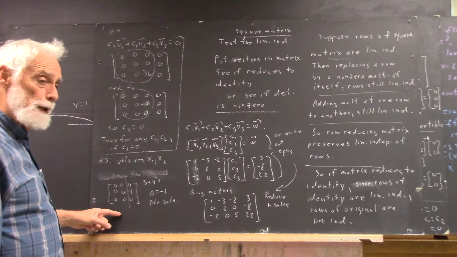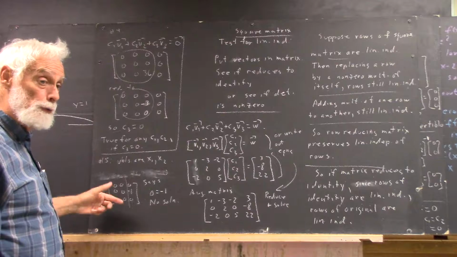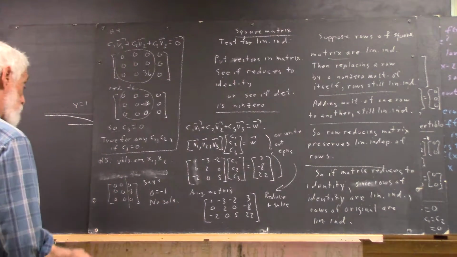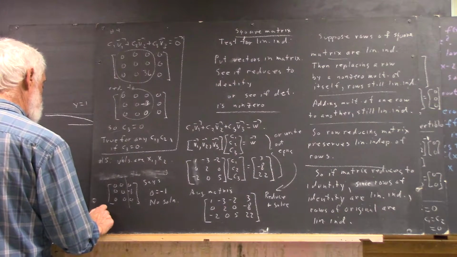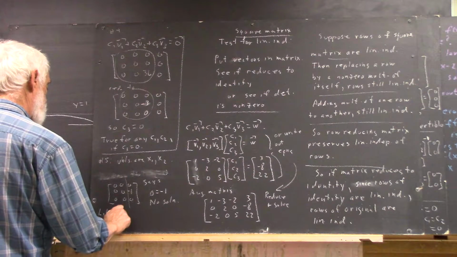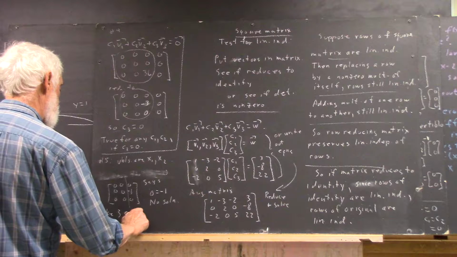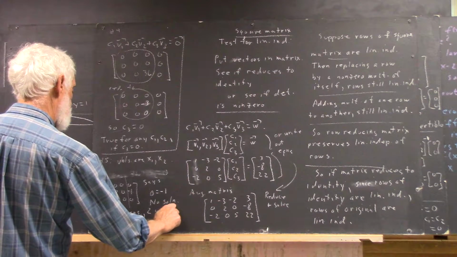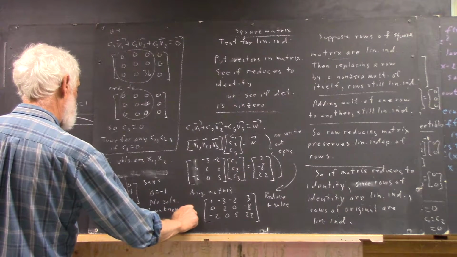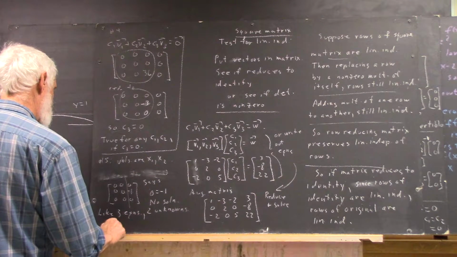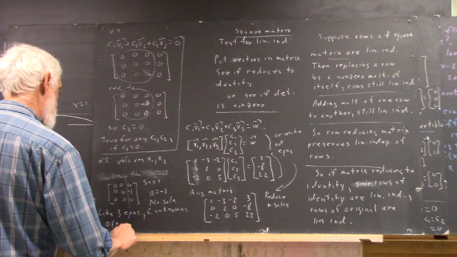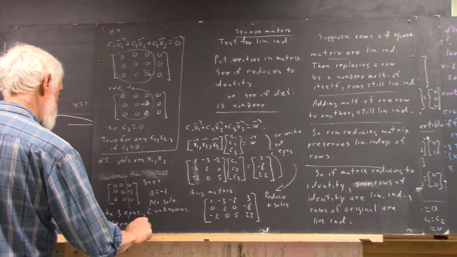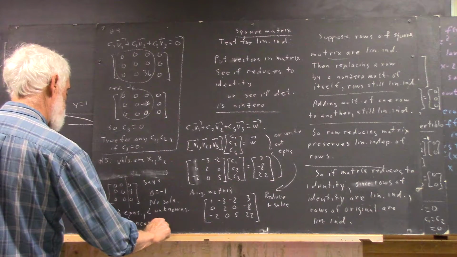Now, if the augmented matrix reduced to this, that would mean you had 3 equations in 2 unknowns. So this is like 3 equations, 2 unknowns. And that will often give you inconsistent equations.